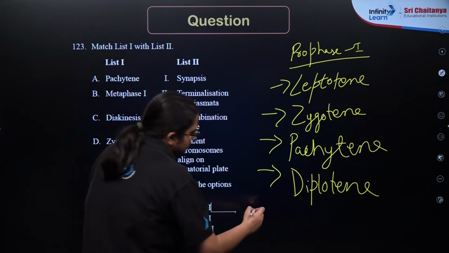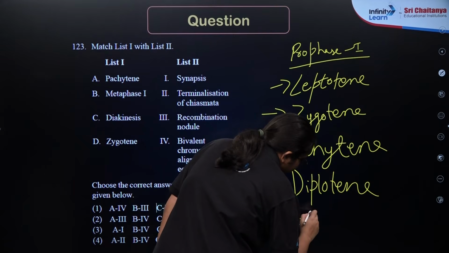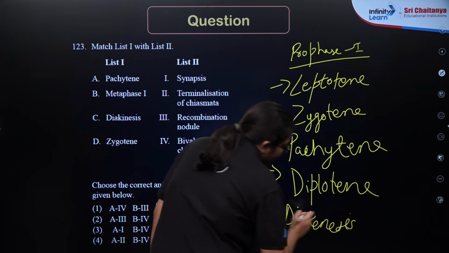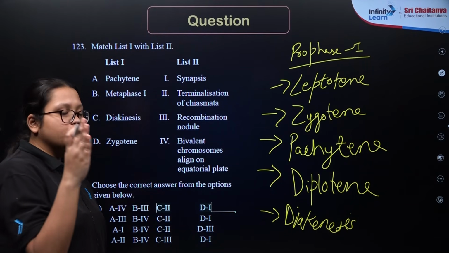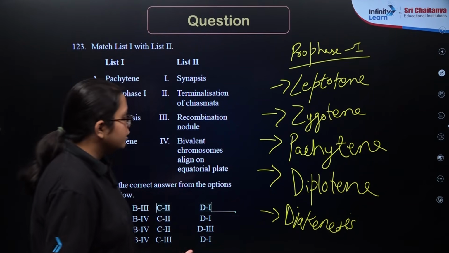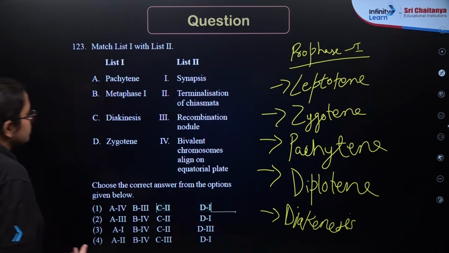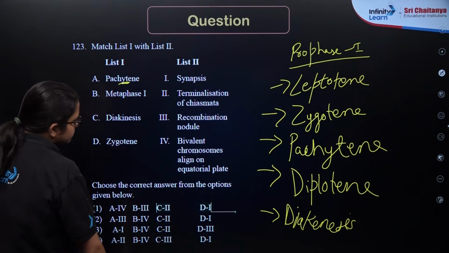And last is diakinesis, where the chiasmata is basically the point of attachment of homologous chromosomes that have not still separated, which leads to formation of X-shaped structures called chiasmata. That chiasmata is terminalized during diakinesis, okay. So let's match now. In pachytene, what is happening?